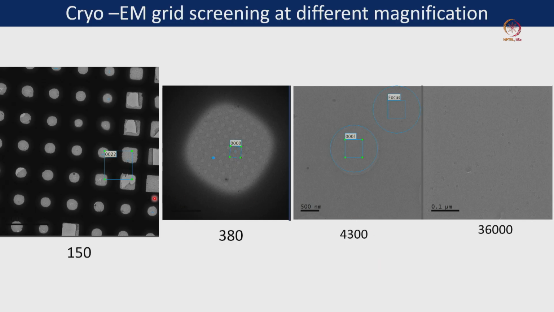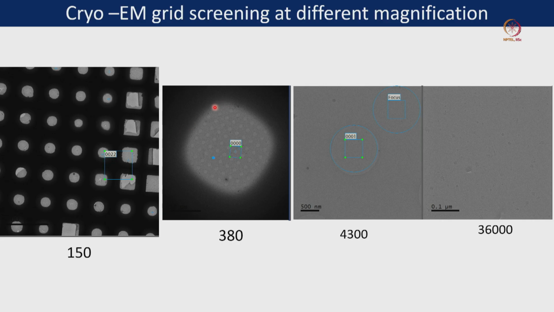If you come here, you can see we are targeting one particular square, as I mentioned, there is a blue star here, and we are targeting either this square or this square. When we go from 150x magnification to the next magnification, called 380x magnification, you can see a little bit enlarged view of this particular square.